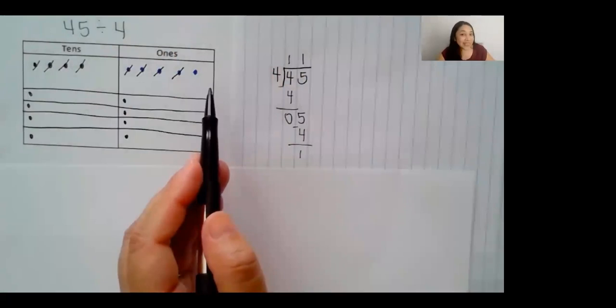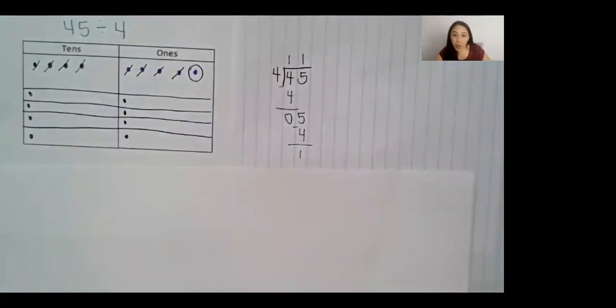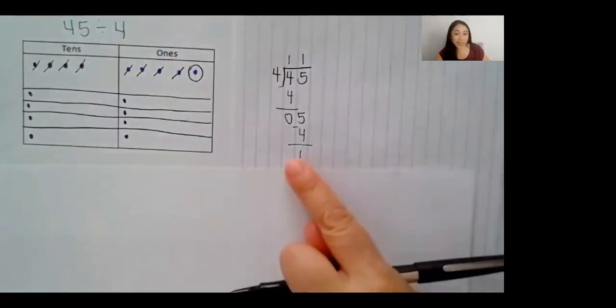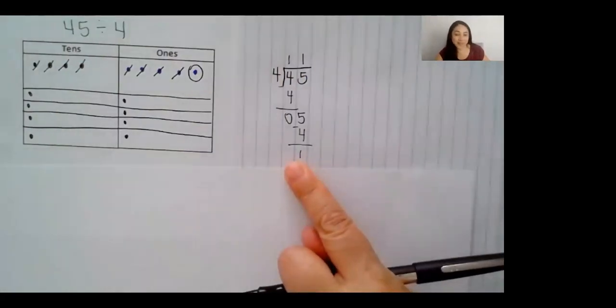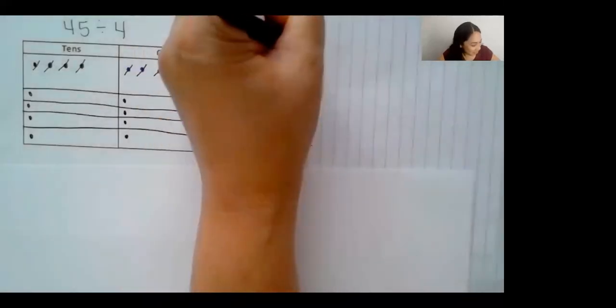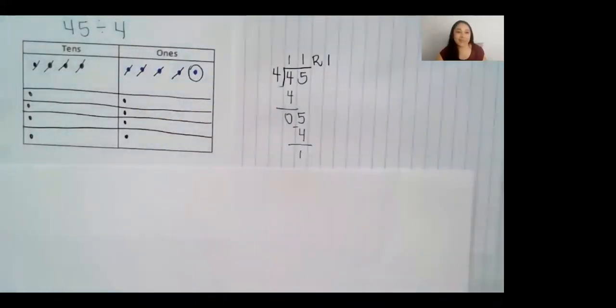Let's circle that 1 one. This is our remainder. How do we record the remainder here? Let's record it now. So what is 45 divided by 4? 11 with a remainder of 1.